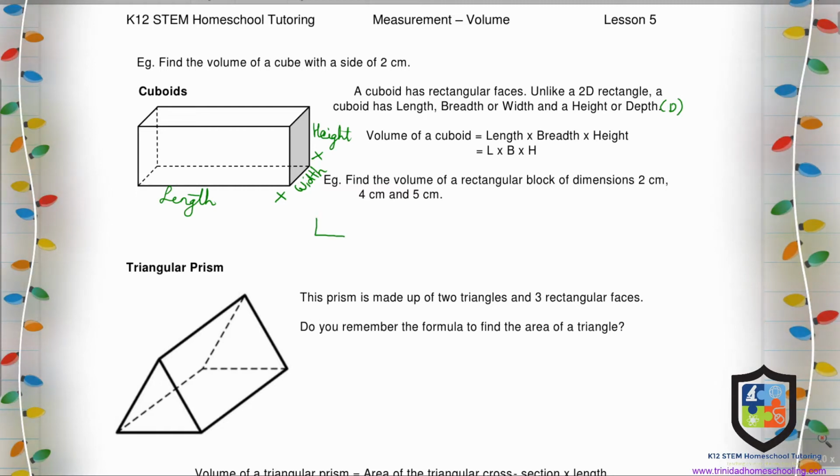Right, so if I were to sketch that block, knowing how to draw these shapes is important as well. If I were to sketch this block, one dimension would be 2 centimeters, one would be 4 centimeters, and one would be 5 centimeters.